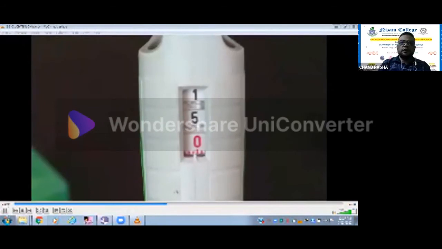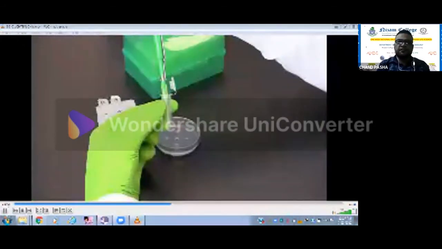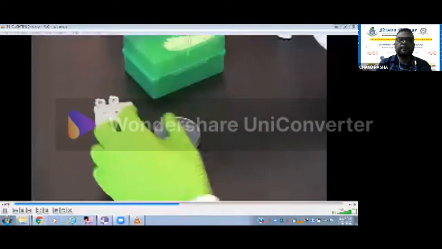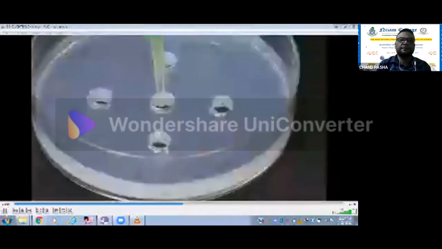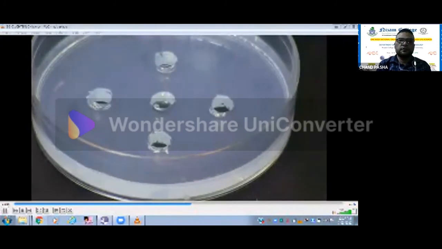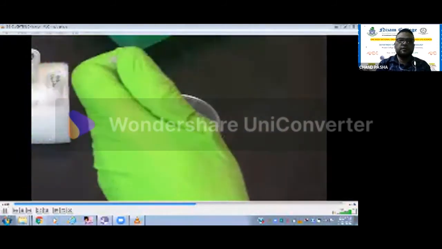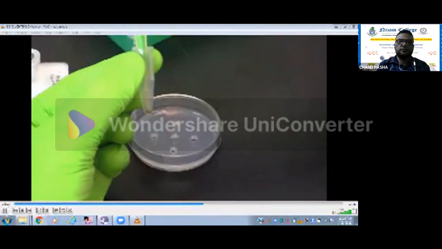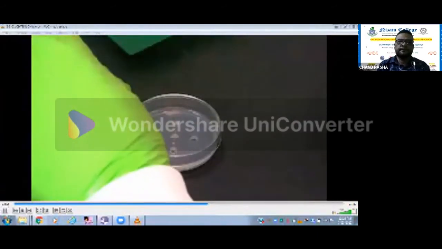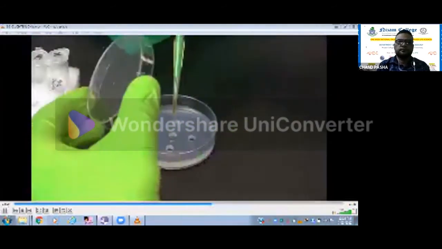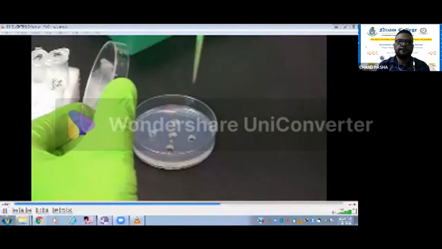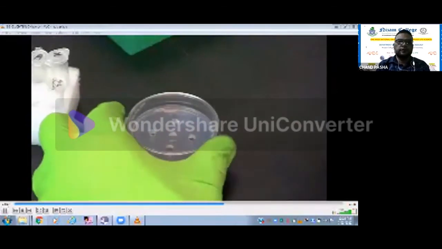So we'll be taking 150 microliters of this mixture sera and putting it at the center without spilling out. Be careful, and use a separate tip. Then you take the positive control. And then negative control.